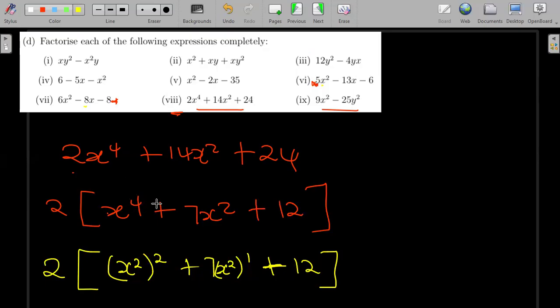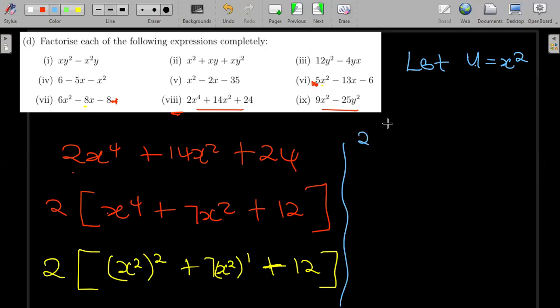So what am I going to do? I'm going to use what we call the let method. So I'm going to let x squared be equal to a certain new variable, let's say u. So I'll say let u be equal to x squared. Wherever there's x squared here, I'm going to put just u.